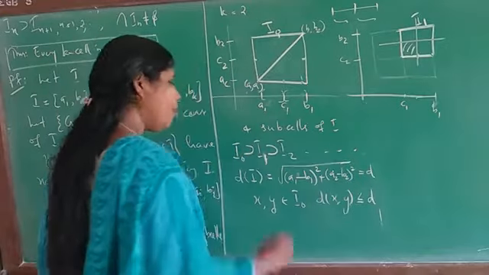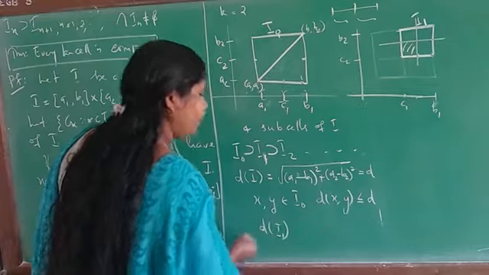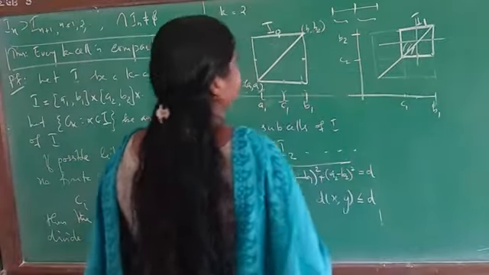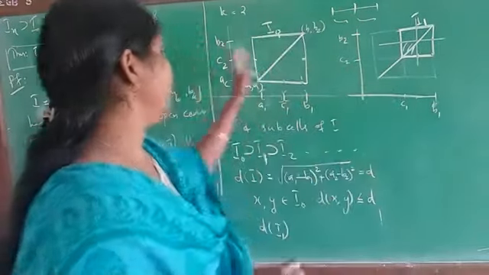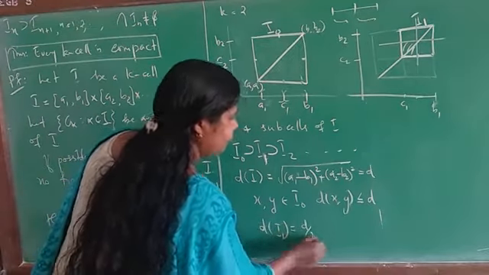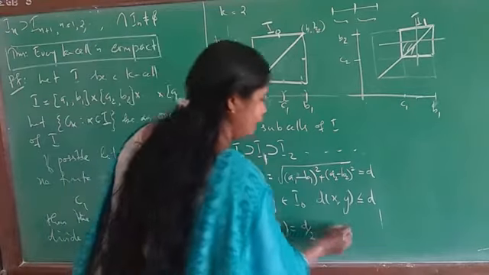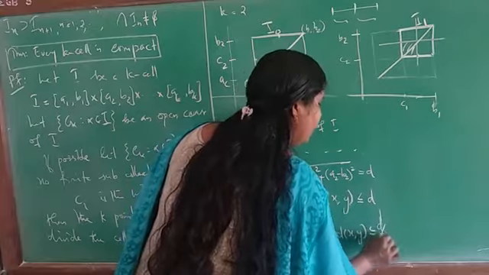And when we move to I1, what is the diameter of I1? You can see that the diameter of I1 is reduced to half of the diameter of I. So d of I1 is d by 2. So for every point x, y in I1, we have dxy less than or equal to d by 2.